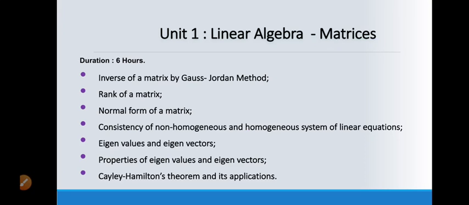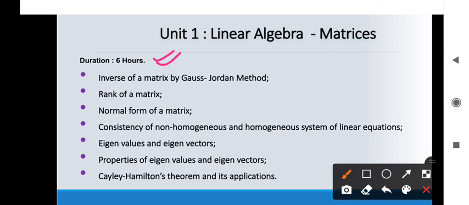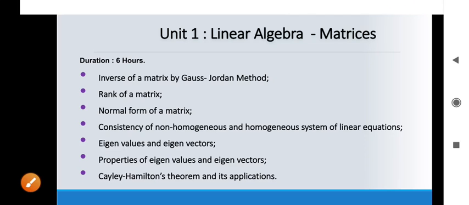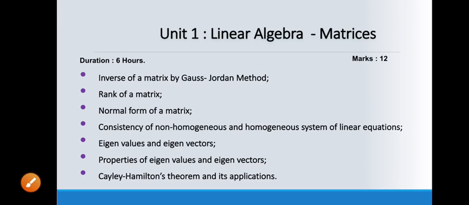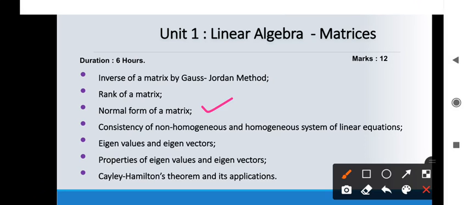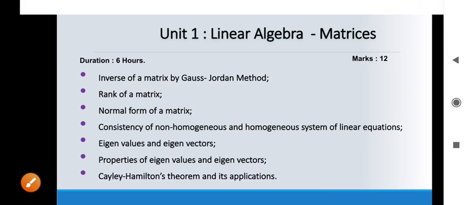To complete these 7 topics from unit 1, as per university syllabus, 6 hours duration is given, and the weightage of this topic in university exam will be of 12 marks. So for 12 marks, there will be 4 questions and you have to attempt any 3 of them. Each will carry 4 marks.